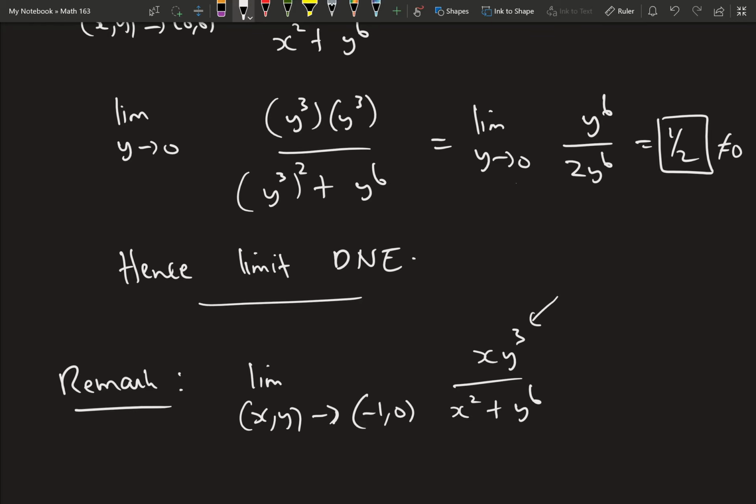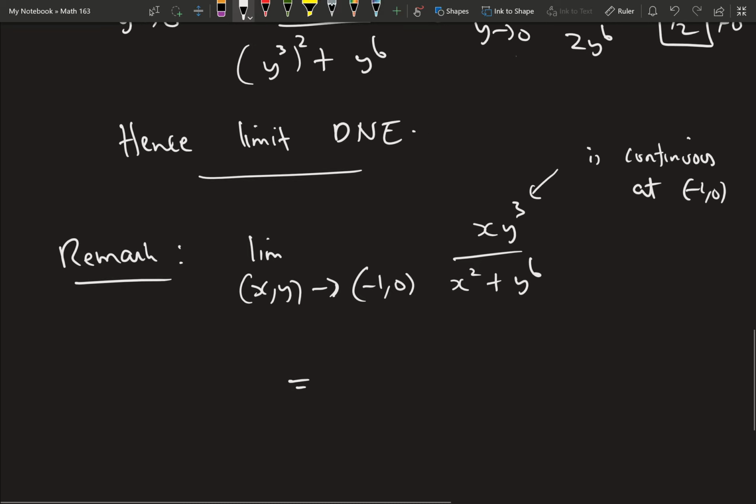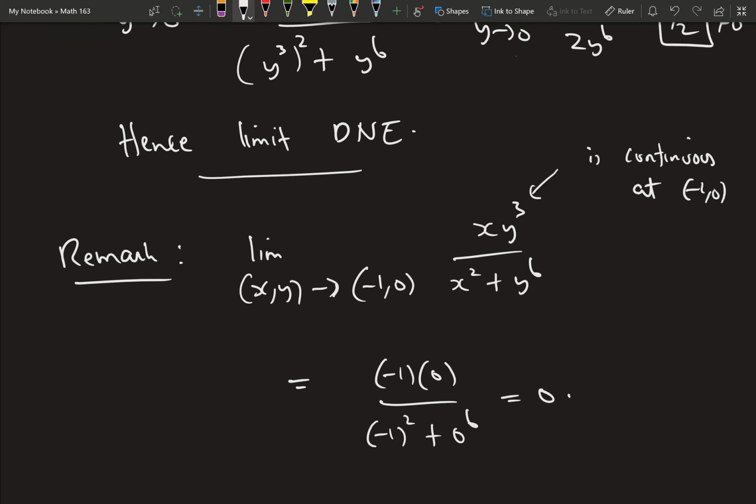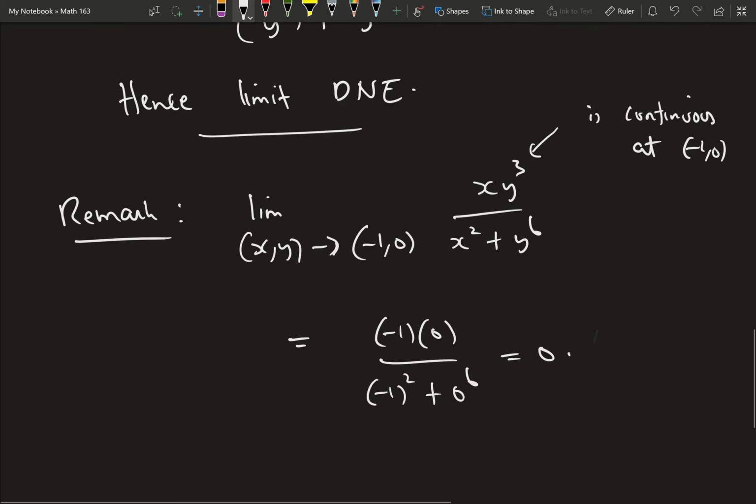So note this thing is continuous at -1, 0. There's no singularity, so you can just plug this in, right? This is just negative 1 times 0 divided by negative 1 squared plus 0 to the 6th, which is just 0. So by continuity, you can just plug in the value. The only problem is where you have these singular values where you're dividing by 0 or something like that.